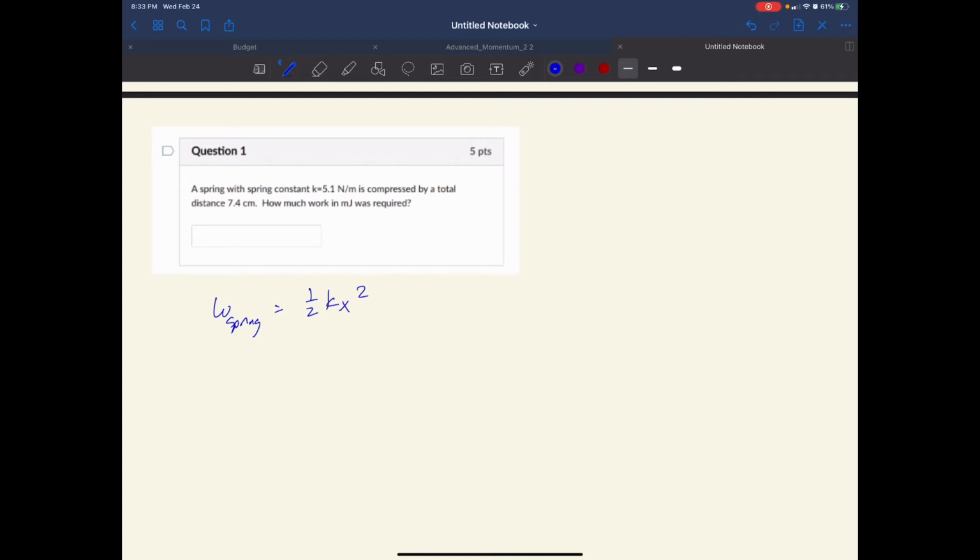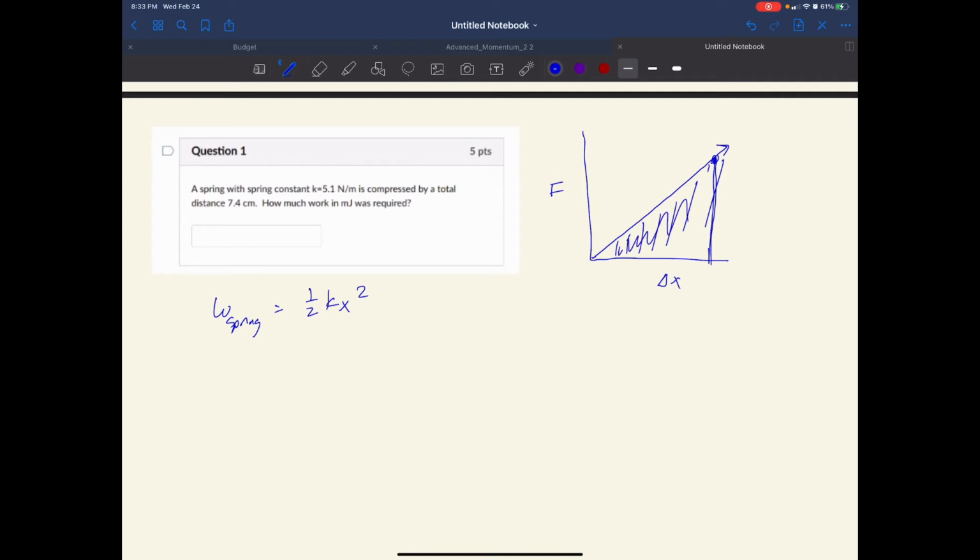And really briefly, if you don't know where that comes from, if you think of a force displacement graph of a spring, the greater the force that you apply to a spring, the more it stretches out. And since work is equal to Fd, it's really just the area under this line right here.